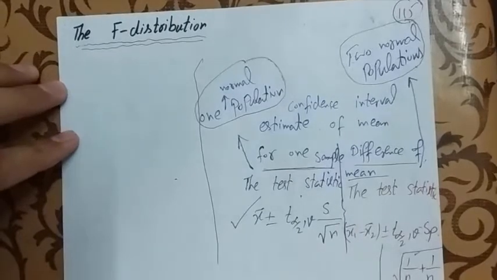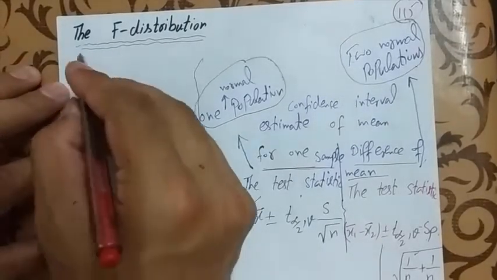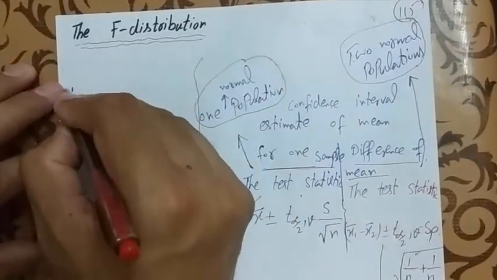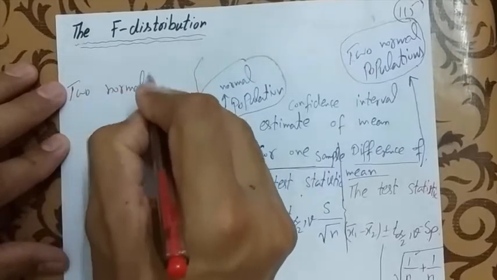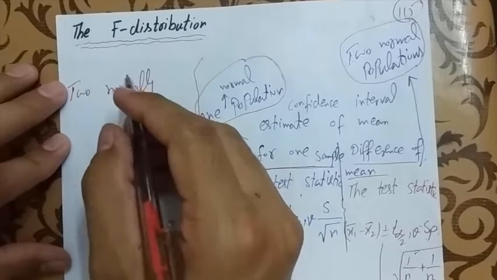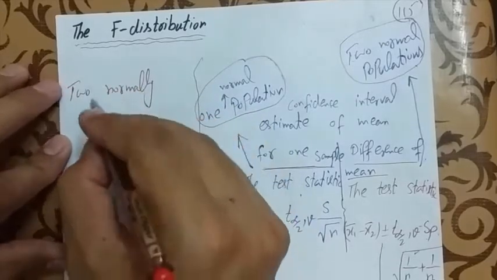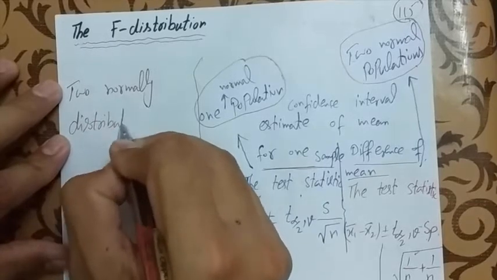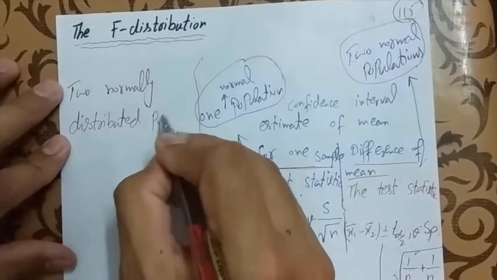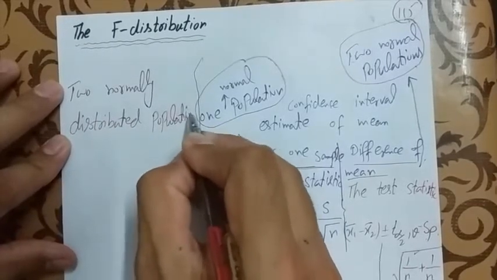First of all, we start the F distribution with two normally distributed populations.